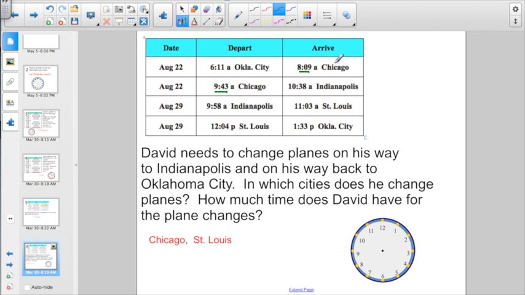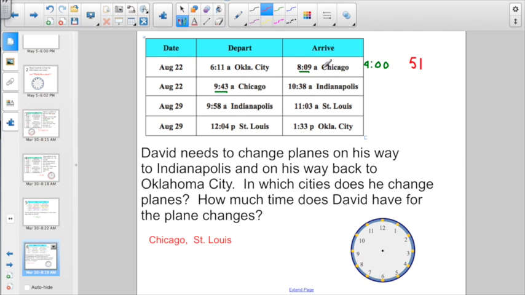Let's go and count first the number of minutes. I like counting up to the next hour. Let's figure out how many minutes it's going to be from 8:09 just until 9 o'clock. From 8:09 until 9 o'clock, that looks like it's going to be 51 minutes, right?